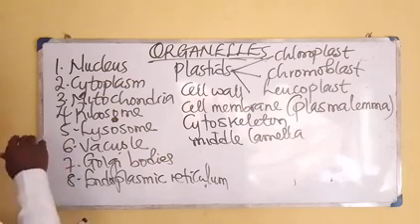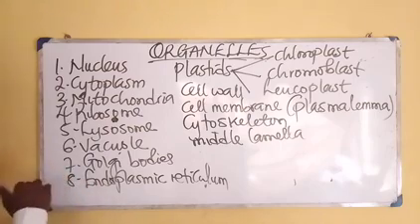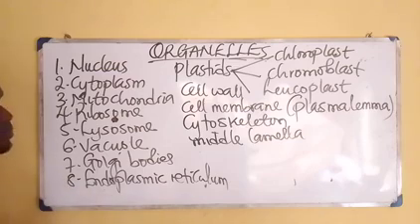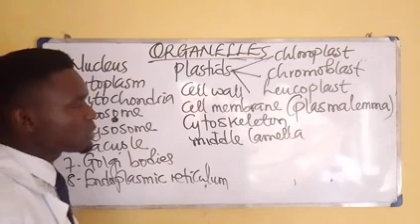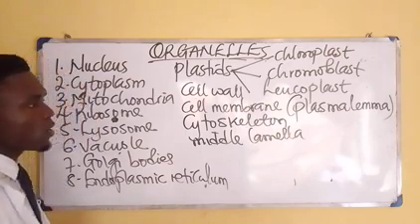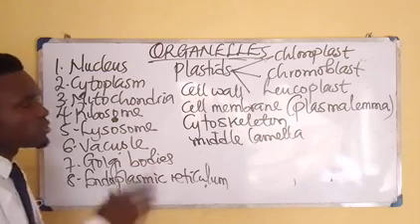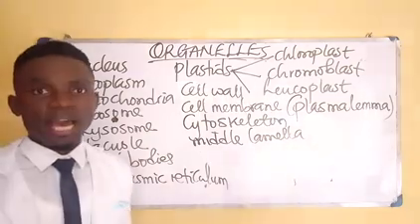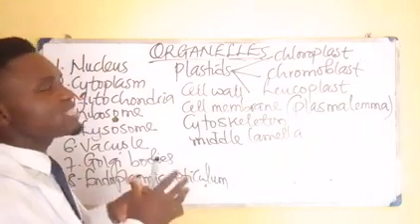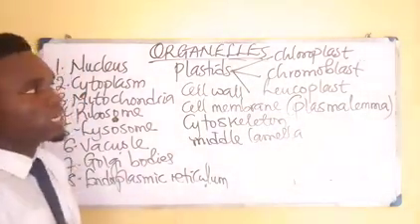We have the nucleus, the cytoplasm, the mitochondria, the ribosome, the lysosome, the vacuole, the Golgi bodies, the endoplasmic reticulum, the cell wall, the cell membrane, the cytoskeleton, and the middle lamella. Is there any other one I've not mentioned? I don't think so. So these are the major organelles that we have. These are the organelles we are going to be analyzing in our next class.